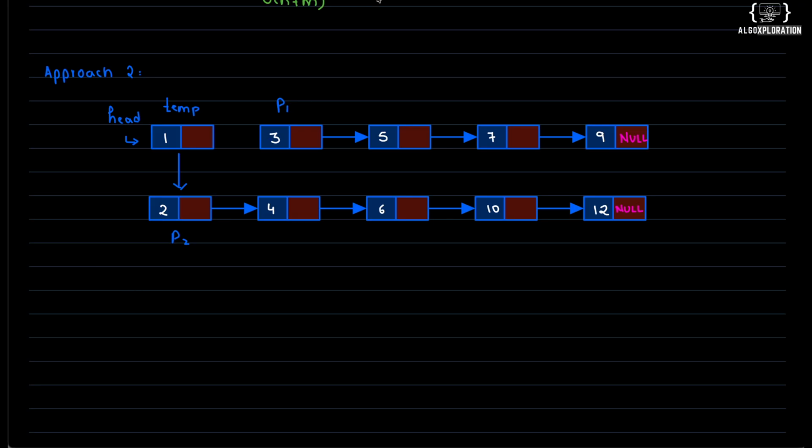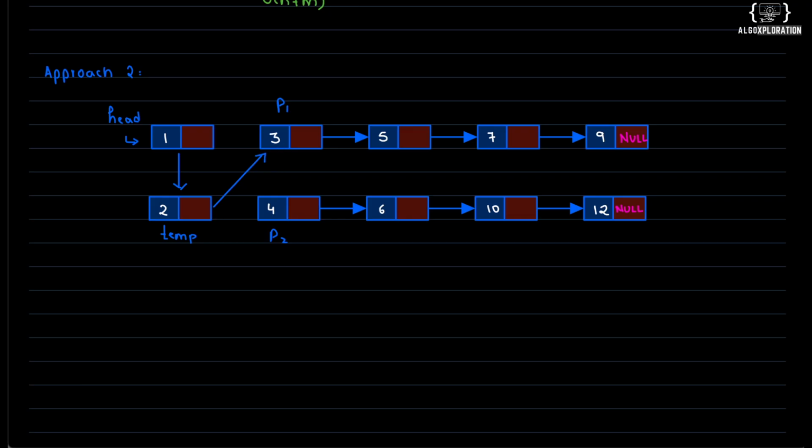After pointing I will shift my p2 to the next node, and after that I'll move my temp to this node. Now again I will compare p1 and p2. Here I see that the value in p1 is smaller, so I'll point to p1 now, because among these 3 was the minimum.